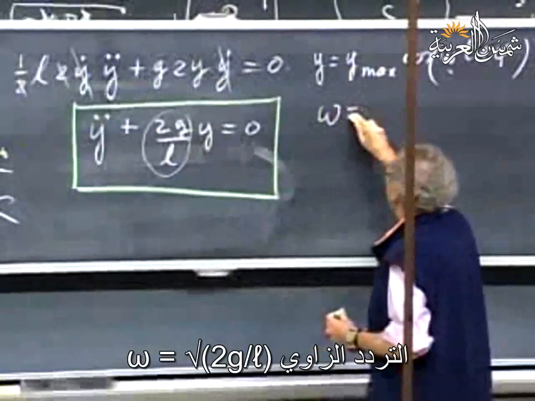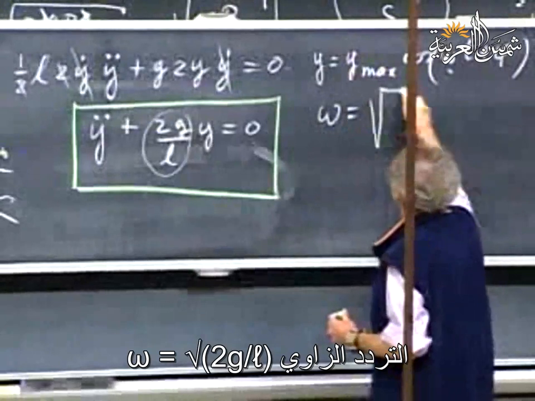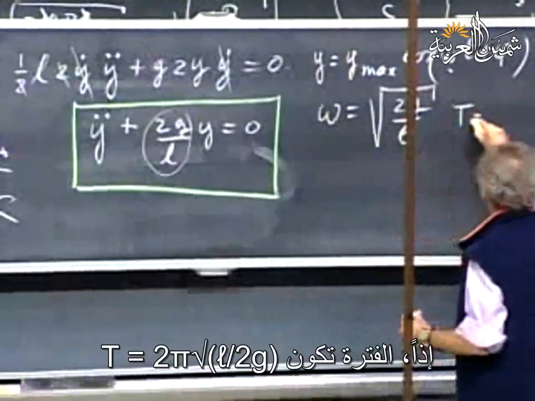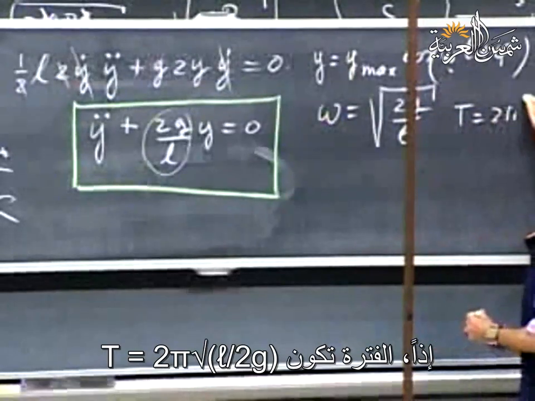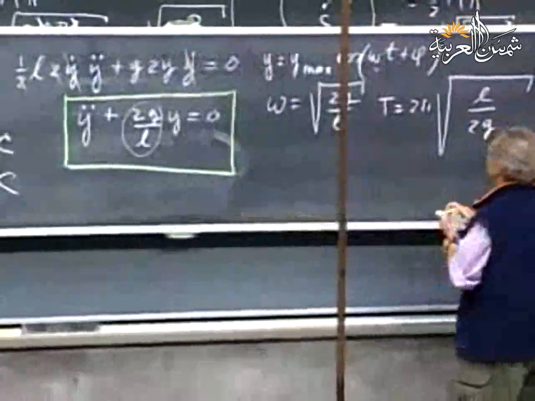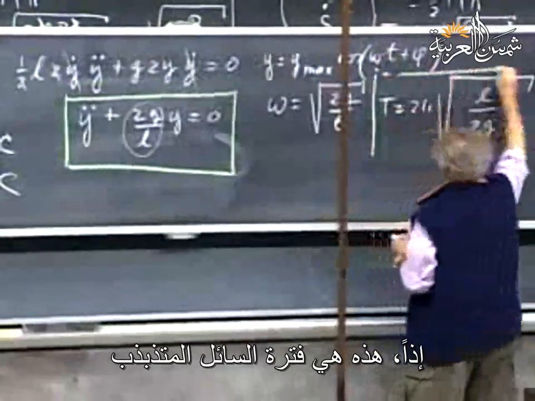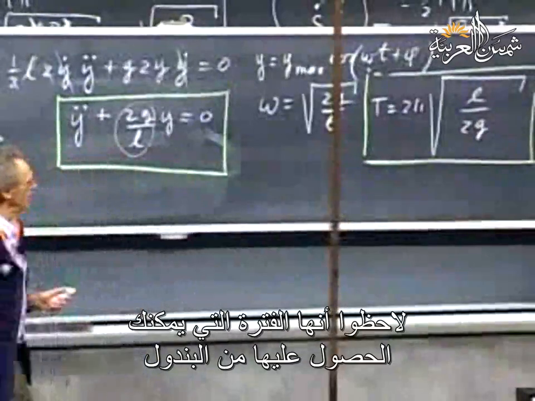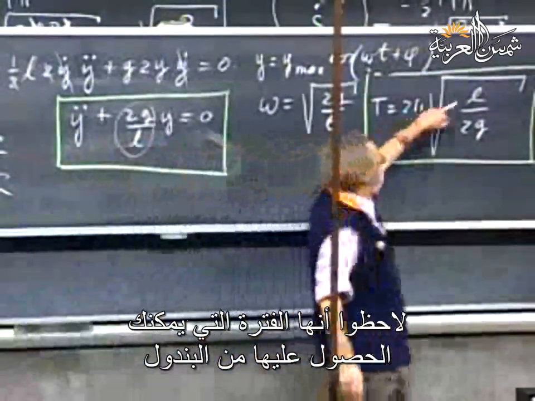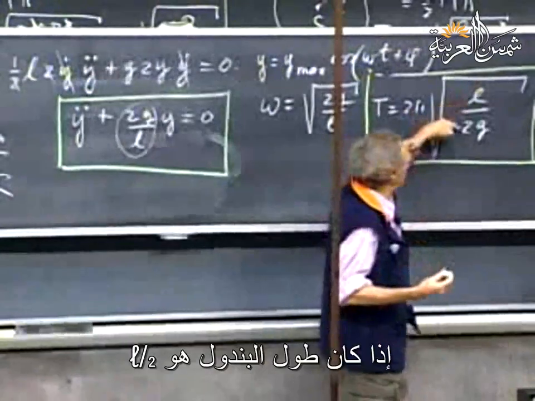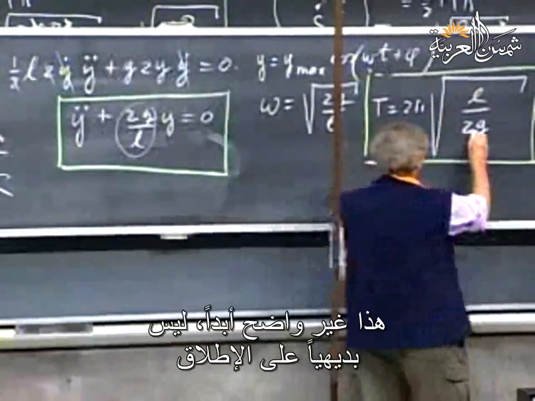Omega, angular frequency, equals the square root of 2g over L, and so the period will be 2 pi times the square root of L over 2g. So this is the period for an oscillating liquid. Notice that it is the period that you would have obtained from a pendulum if the length of the pendulum were L over 2.